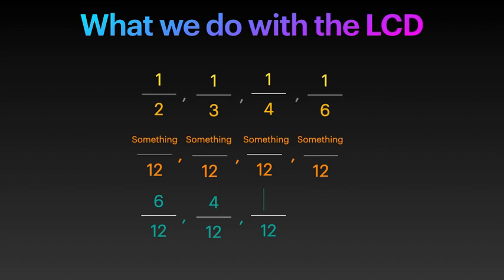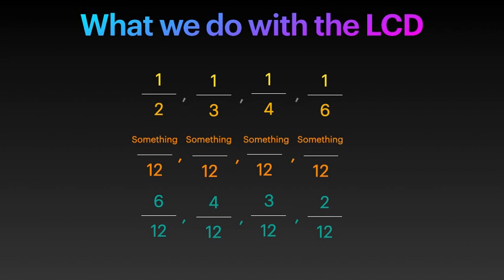Now our equivalent fraction is 6 by 12. Next fraction is 1/3. Here 3 has become 12. It must have been multiplied by 4 to be 12. So we multiply 1 by 4. Now our equivalent fraction is 4 by 12.